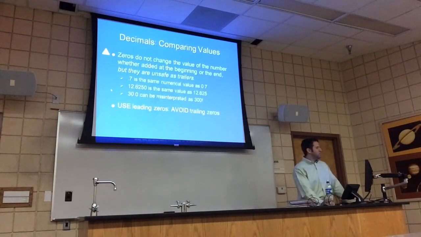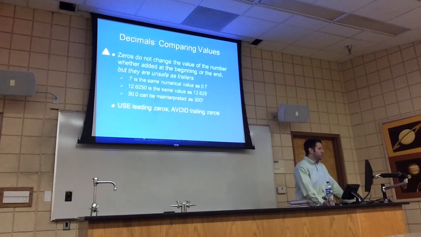So here's the example. 0.7 is the same as 0.7, but if I erase this decimal, that goes from 0.7 to 7, which would make you think there must be a decimal point there. 12.6250 is the same as 12.625, but if I mess up this decimal point, that's way lesser of a dose, right?